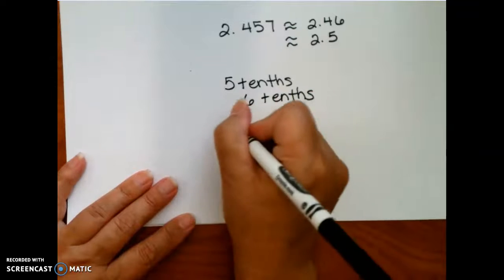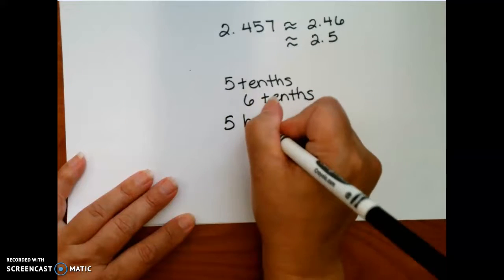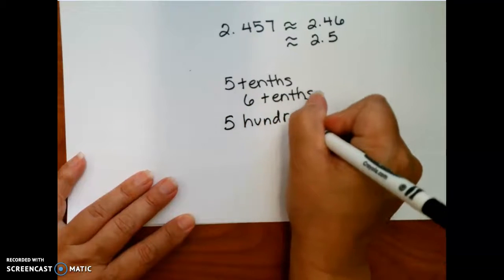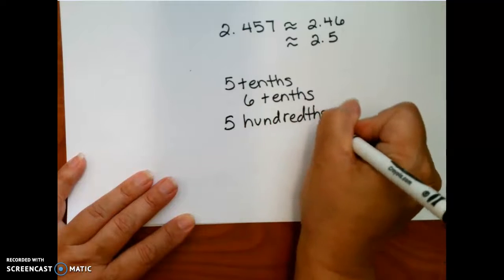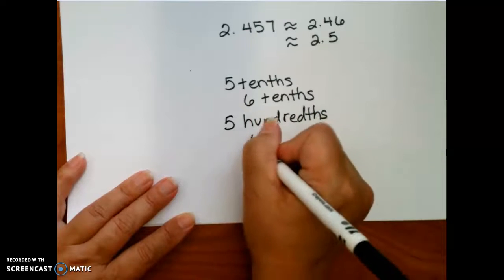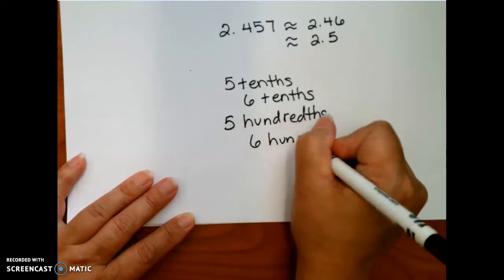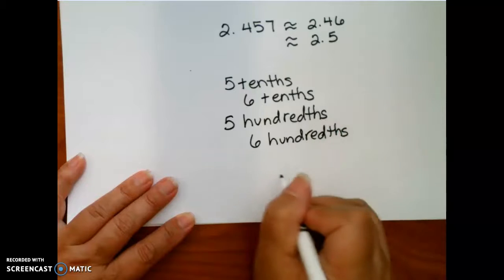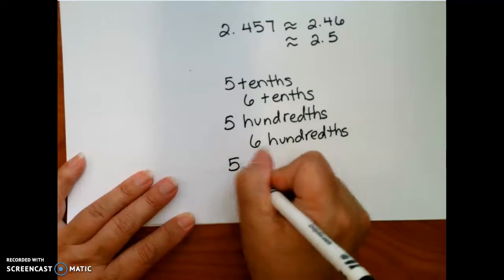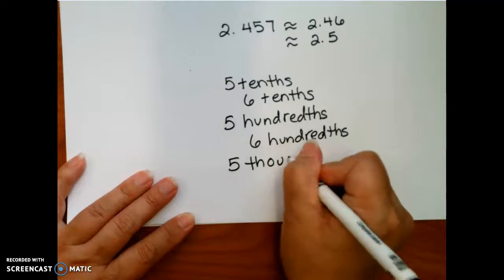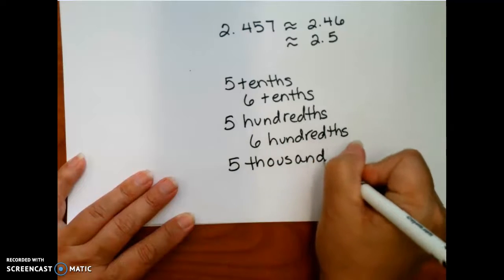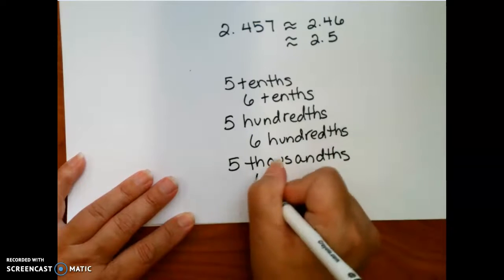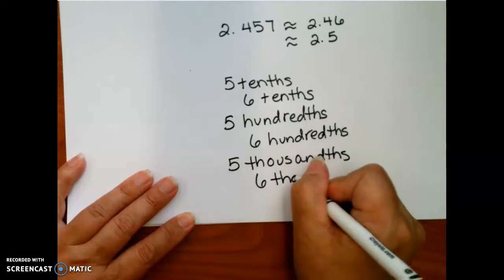If I have 5/100ths, 1 more is 6/100ths. If I have 5/1000ths, 1 more is 6/1000ths.